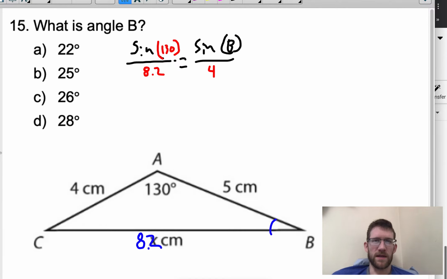So I multiply both sides by 4. These cancel.